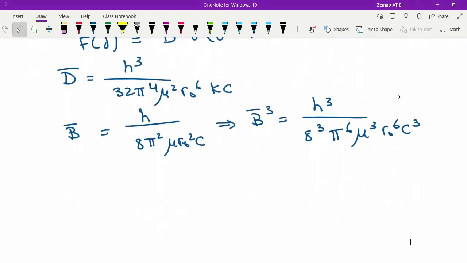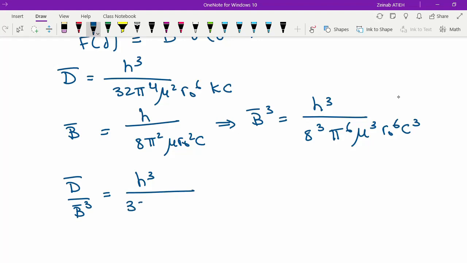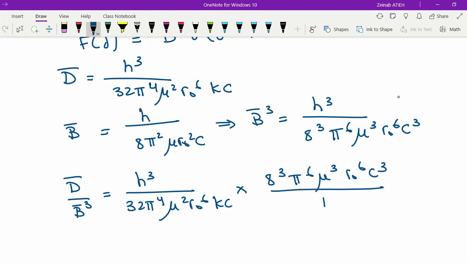I'll divide D by B cube. This will give me h cube over 32 pi⁴ mu squared r0⁶ kc times 8 cube pi⁶ mu cube r0⁶ c cube divided by h cube. So h is cancelled from both sides.